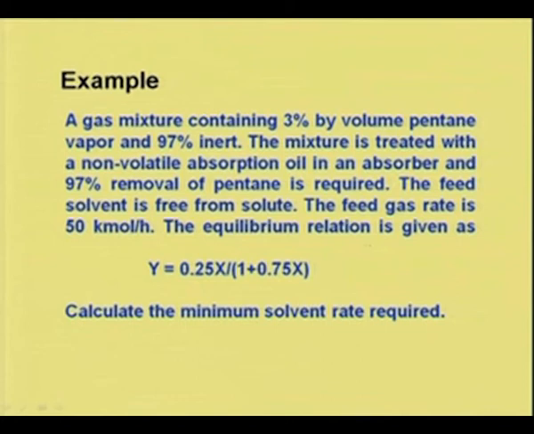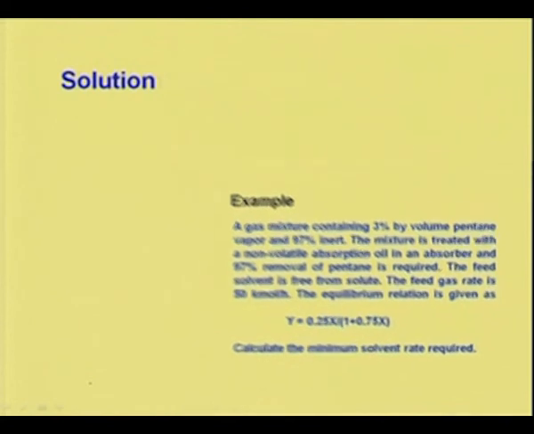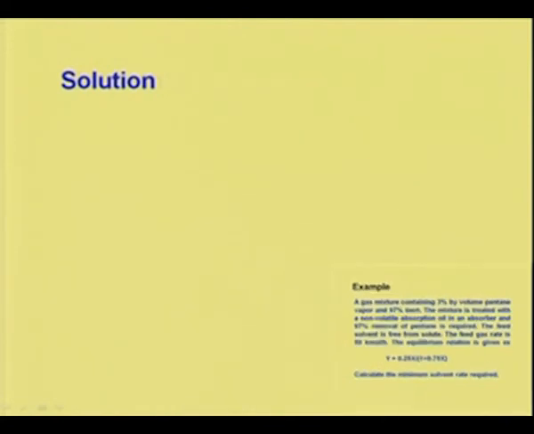The equilibrium relation is given. Calculate the minimum solvent rate required. So, the given gas rate is 50 kmol per hour and y1 is 0.03 mole fraction.